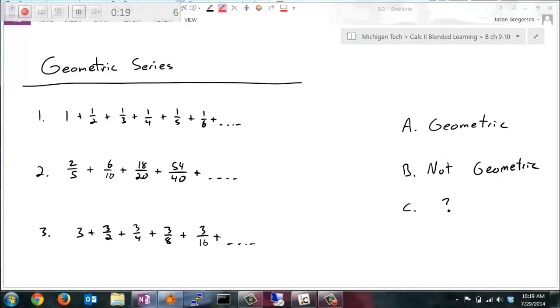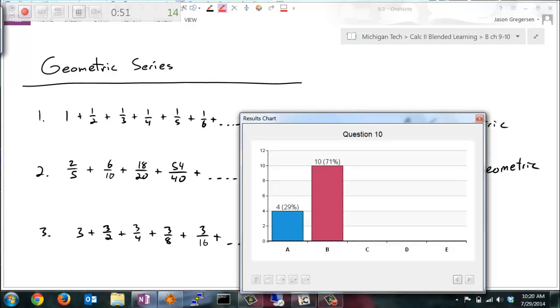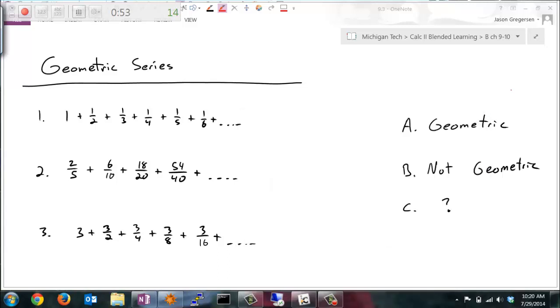Number 1, is it geometric? Most people say no. A couple say yes, though.